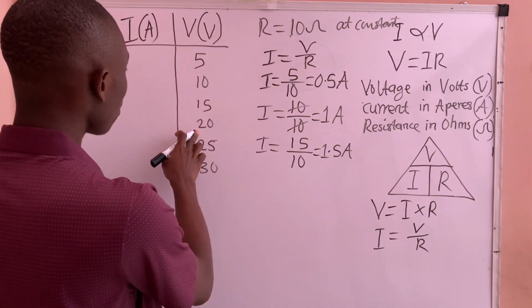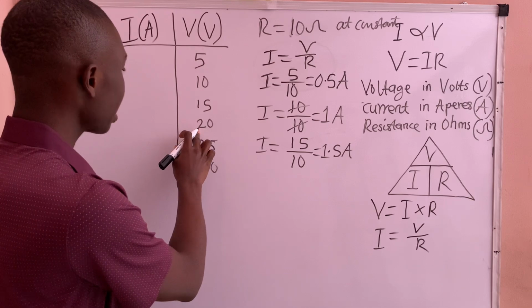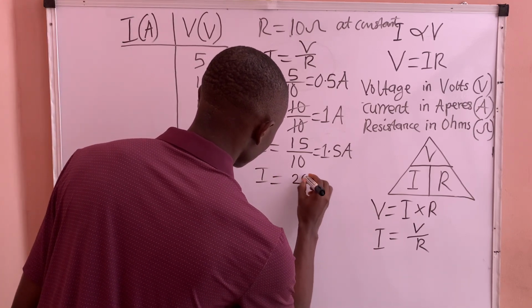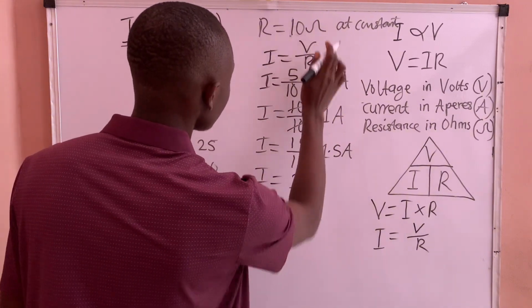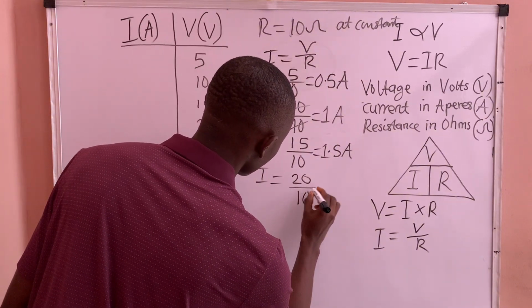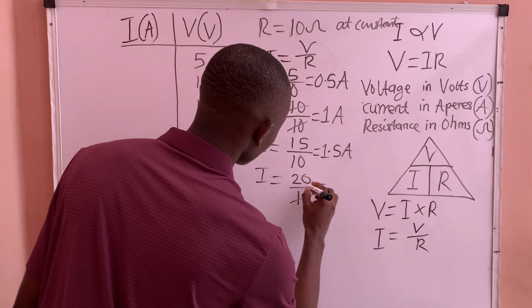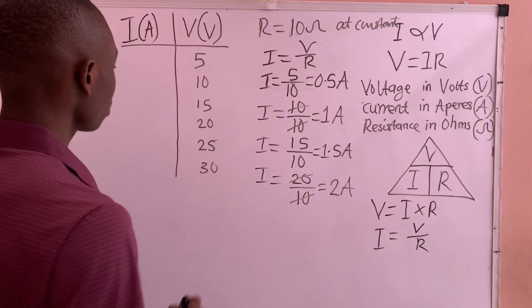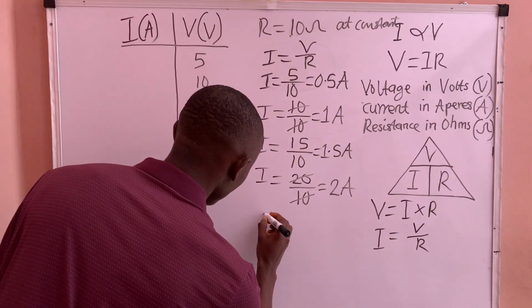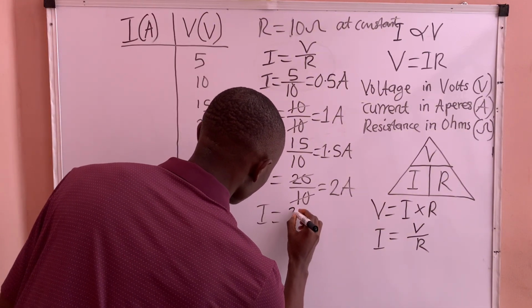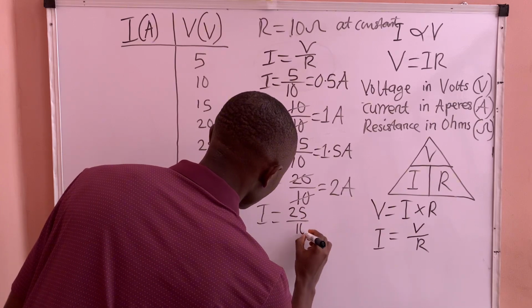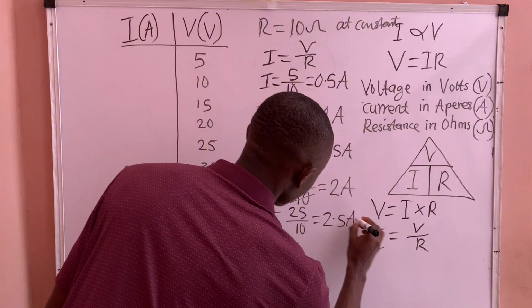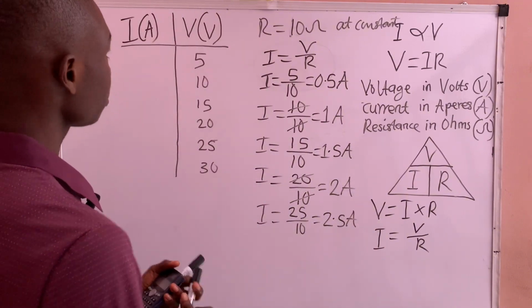So when we vary the value of voltage to 20, the current that will flow will be 20 divided by what? The resistance value, which is 10 ohms. So it will be what? 2 amps. So for 25, the current that will flow, which is I, will be 25 divided by 10, which will give us 2.5 what? Amps.